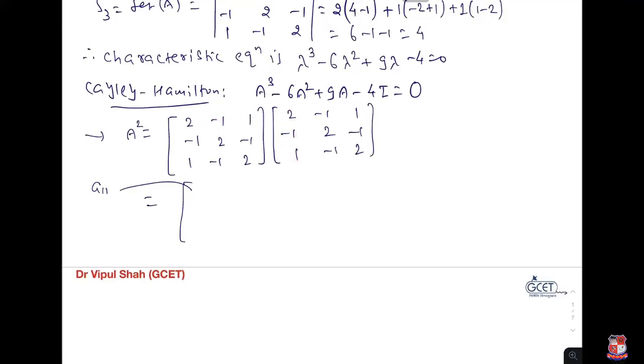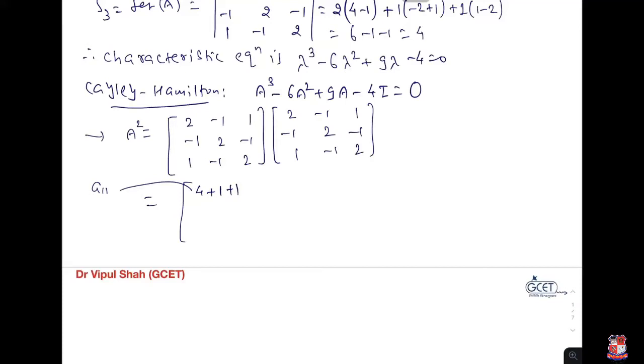So that is 2 twos are 4, then plus minus 1 times minus 1, so that is 1, then plus 1 times 1.